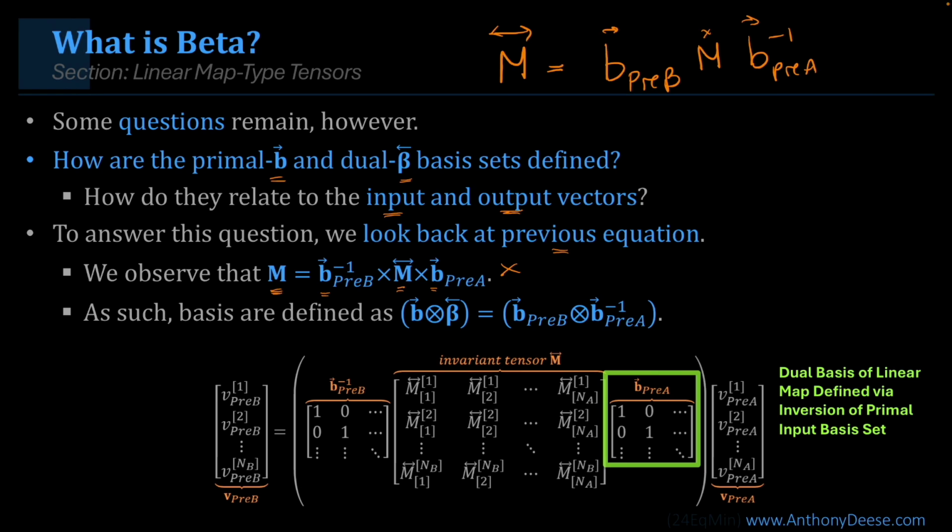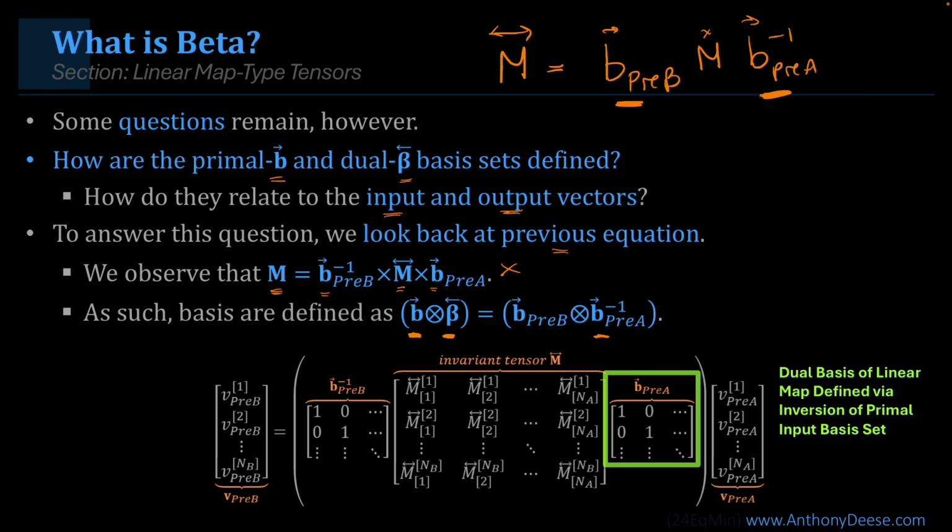So it makes sense that this B pre-B, or the basis associated with the output, would take the place of the primal basis set. This right here is inverted. And so that changes the form, or it allows us to change the way we visualize the form. And so we'll see that beta is equal to our inverted input basis set.